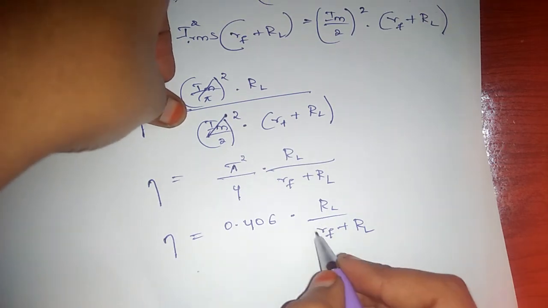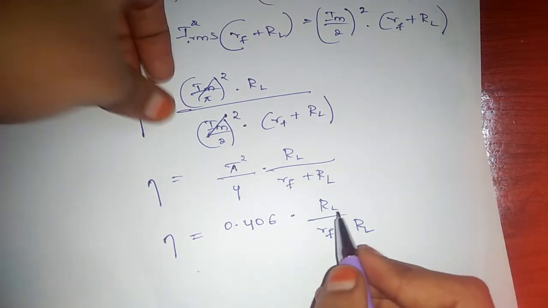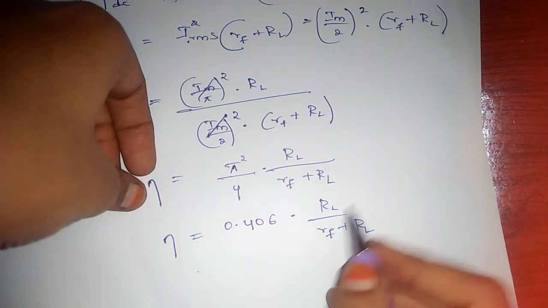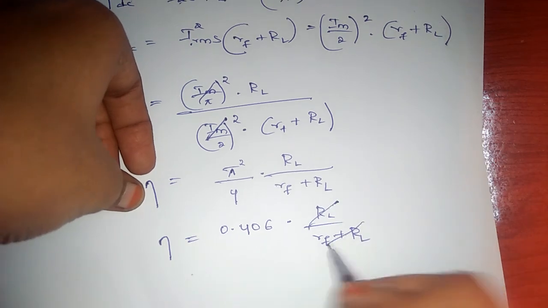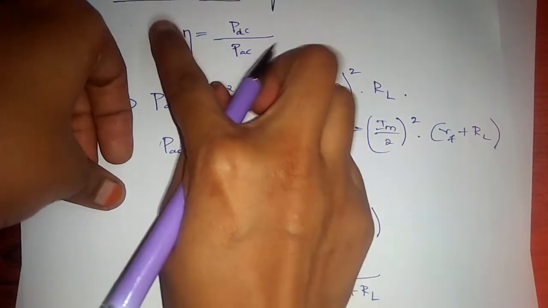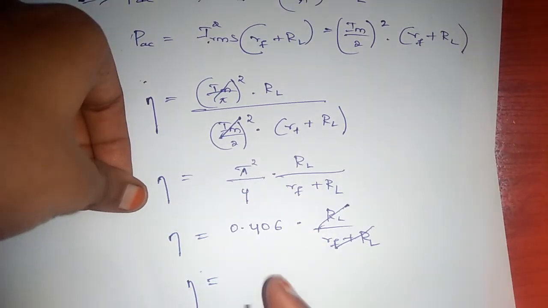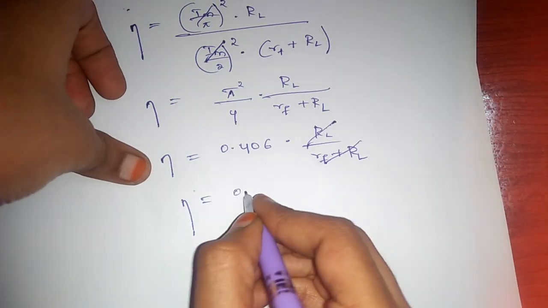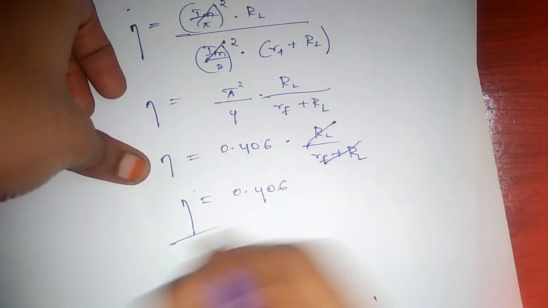I already told you that RF is very small, so it can be neglected, RL can be cancelled, then the rectifier efficiency of the half wave rectifier will be 0.406.